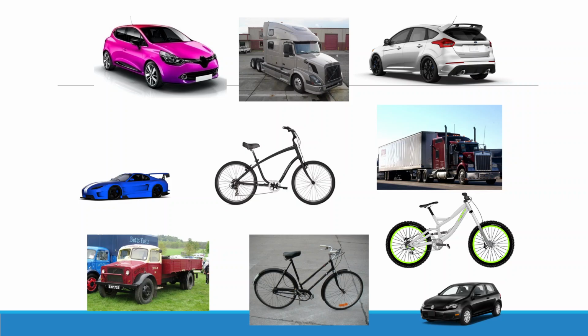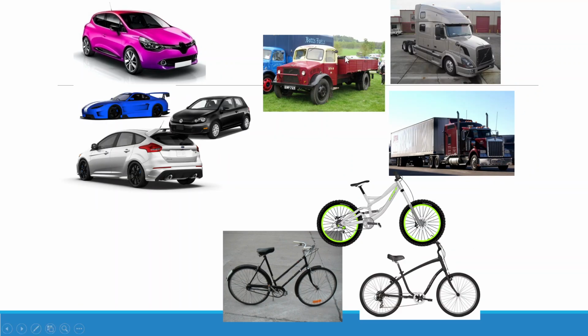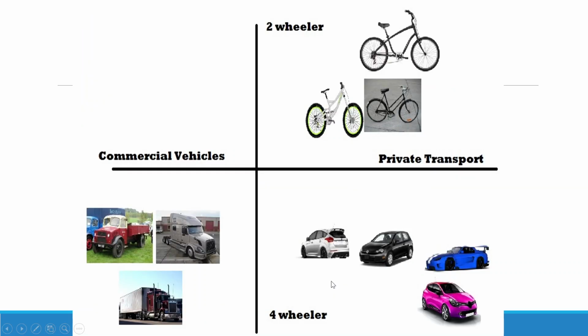Now let us try to understand factor analysis by this pictorial representation. On your screen, you can see different means of transportation. Now let us club all commercial vehicles together, all private vehicles together, and bicycles together. If I denote the x-axis as private transport and commercial vehicle, and the y-axis as two-wheeler and four-wheeler, all the means of transportation can be segregated into only four quadrants.